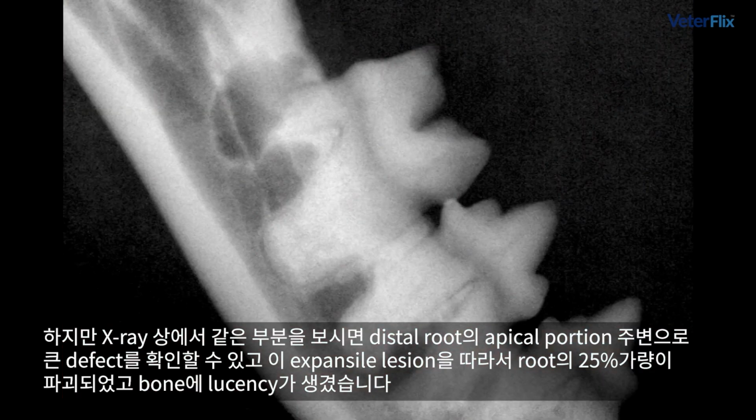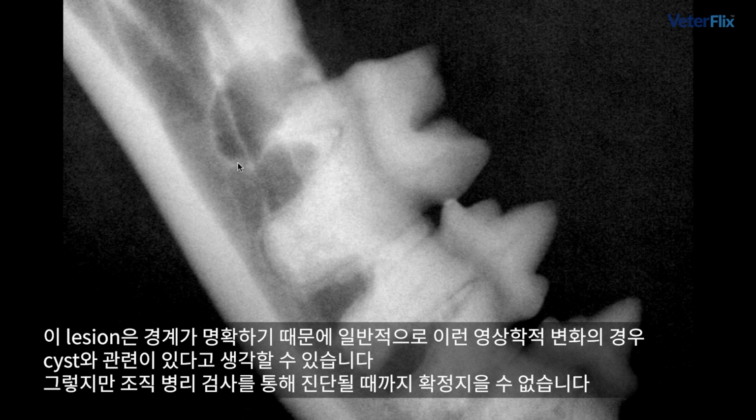However, radiographically, when we look at this same area, we can see that there's a large defect adjacent to the apical portion of the distal root, where 25% of the root has been destroyed, along with an expansile lesion and lucency in the bone that's very well defined.